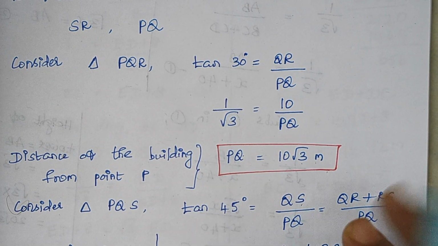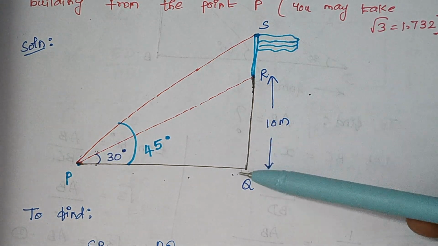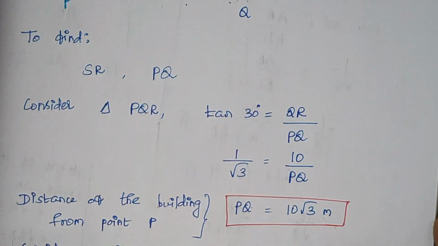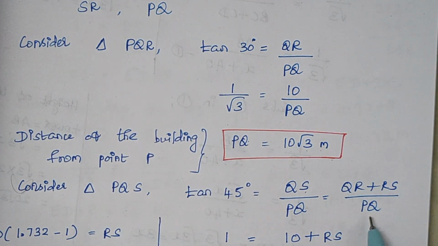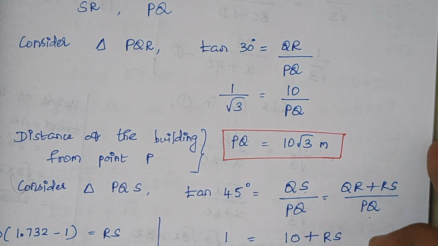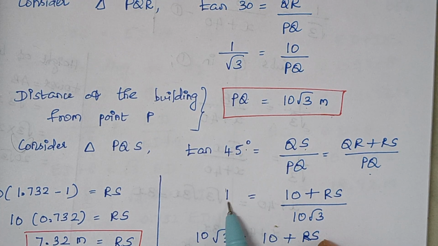So what is QS? QS can be written as QR plus RS. So just write it: QR plus RS divided by PQ. I know the value of PQ here, and just substitute the value of tan 45. Tan 45 is 1.